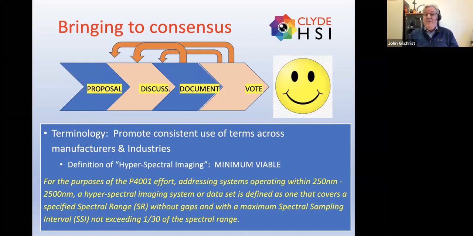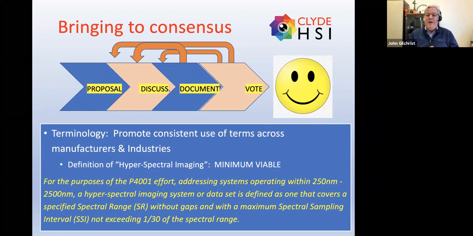I'm going to read it out now. You may or may not agree with this definition, okay? So we defined a minimum viable definition for hyperspectral imaging. That is, for the purposes of the P4001 effort, we are addressing systems operating within a spectral range 250 to 2,500 nanometer.